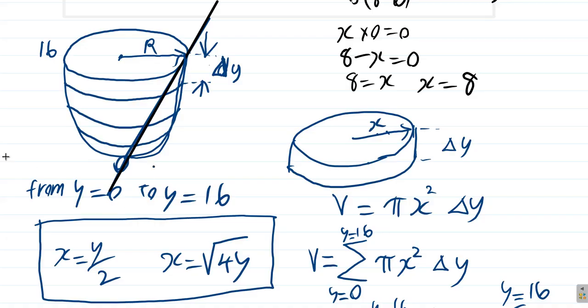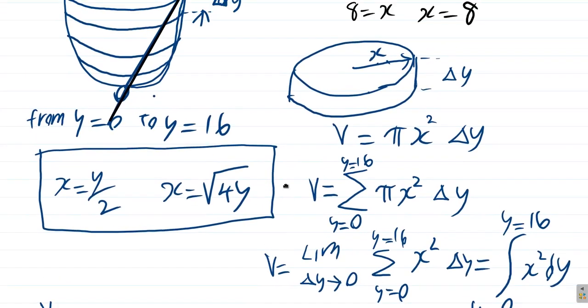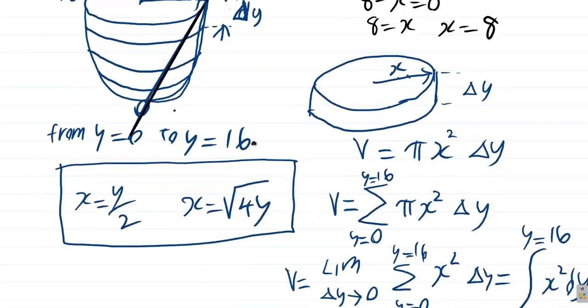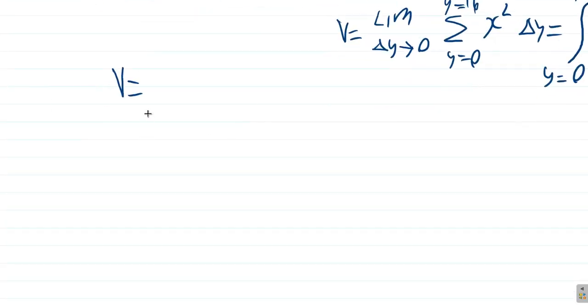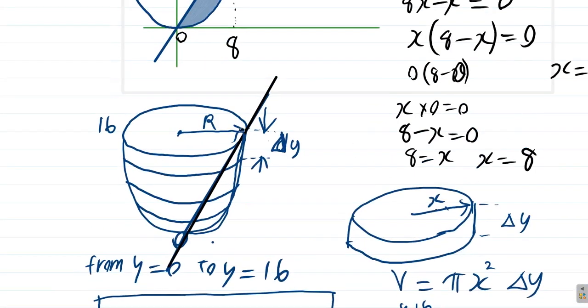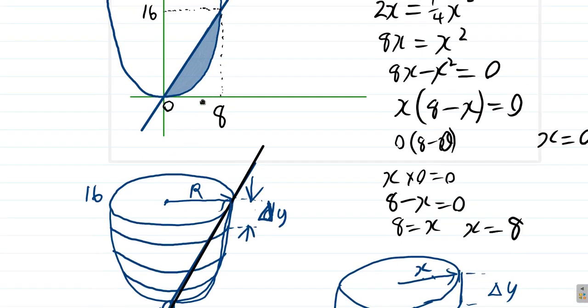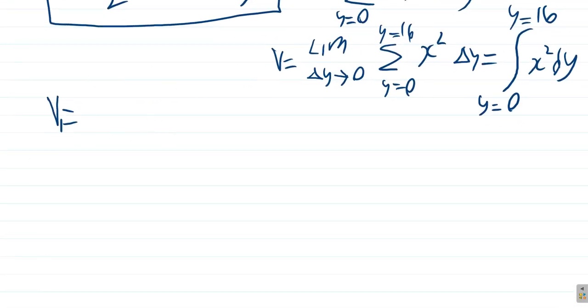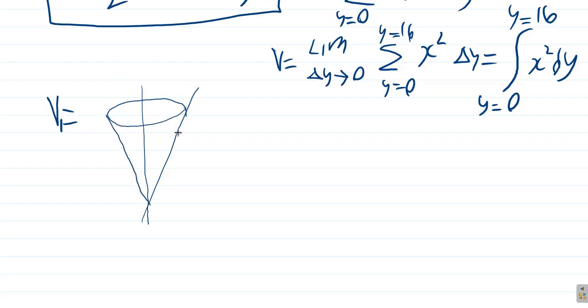Now, let's say we have two volumes. Call it volume 1. What we're going to have is the volume from the y-axis to the line. So if we consider the y-axis here and the line, we rotate, this is what we would have, right?